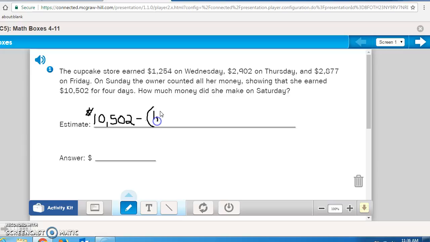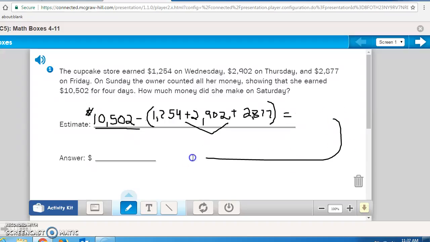So she made 1,254 plus what she made on Thursday, 2,902, plus what she made on Friday, which was 2,877. Once you figure out that answer, you need to subtract it from your original $10,502 to get your final answer for how much money she made on Saturday.